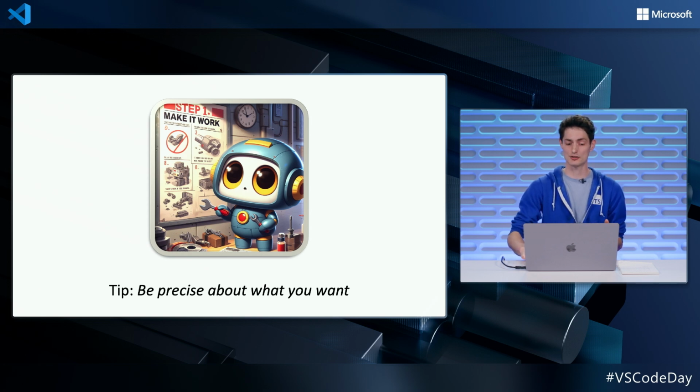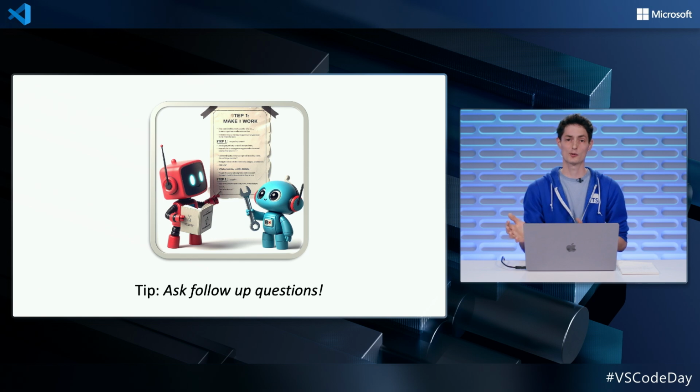This also ties into the next point, which is ask follow-up questions. With Copilot, I, in general, see quite a few times where people will ask a single question and they won't get back the response that they want, and they'll say, oh, Copilot, it's not working, I give up. So that is really not the most effective way to use Copilot. Instead of treating it more like a search engine where you're just hoping to get back the magic perfect result the very first time, think of your Copilot conversation more like a conversation where you're going to have some back and forths.